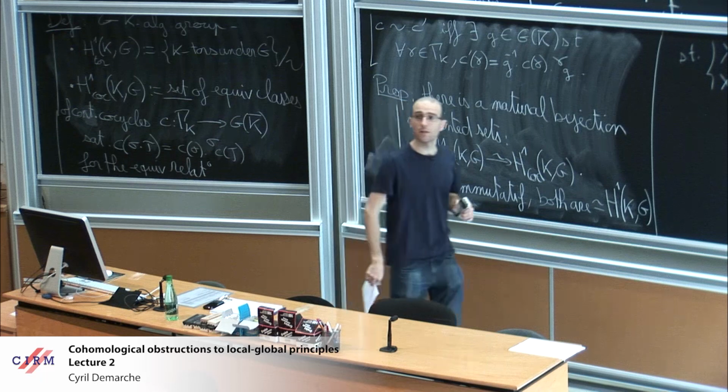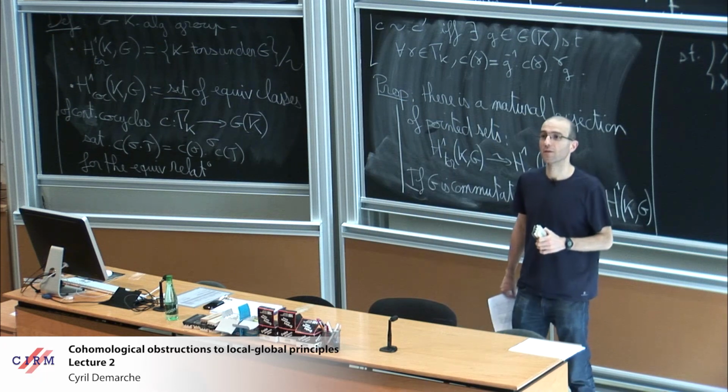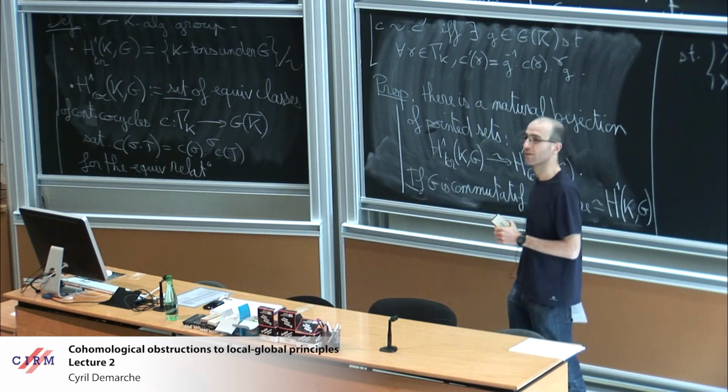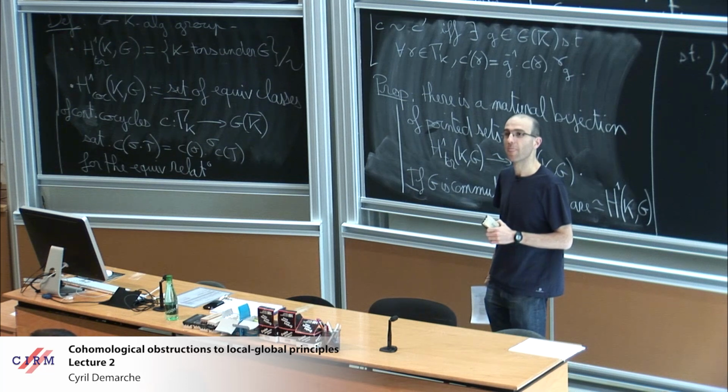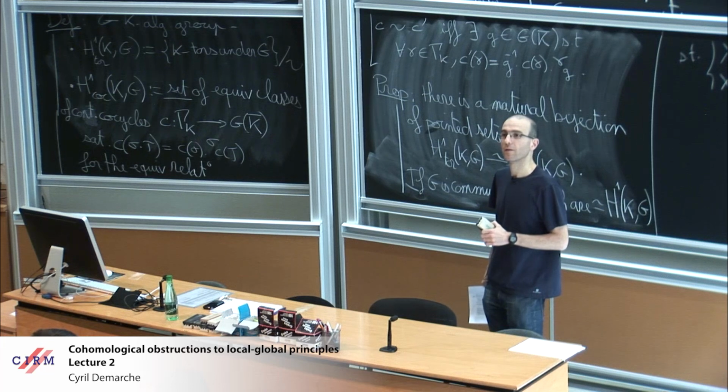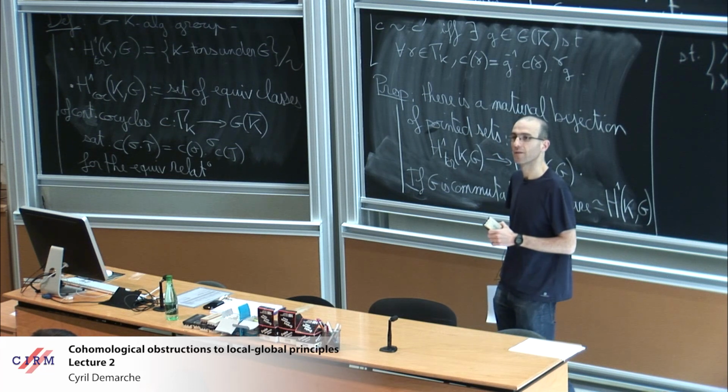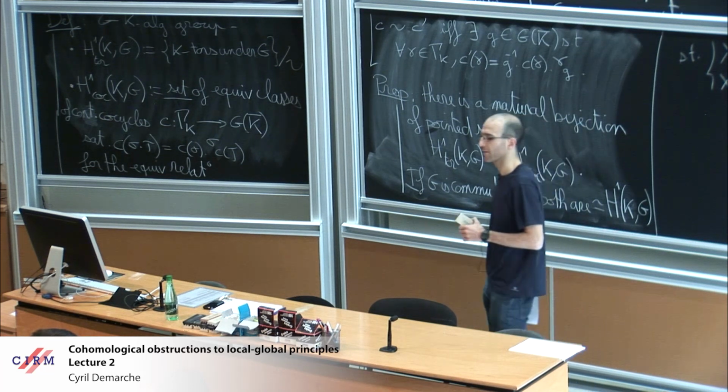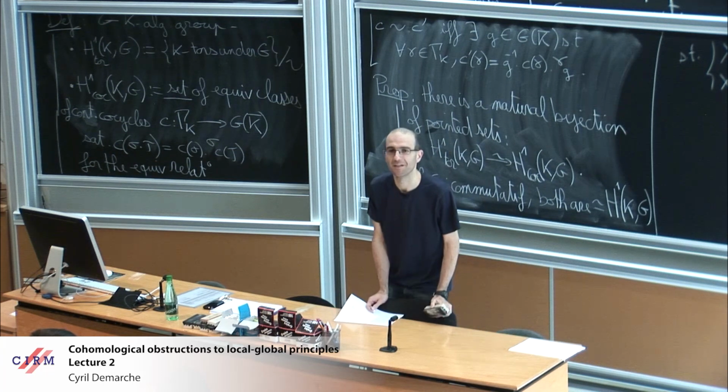I was just going to ask the following naive question. If you take the group structure that you find in the commutative case and you try to mimic it and produce some sort of, not necessarily group structure, but map, what fails? I'm not sure I understand.